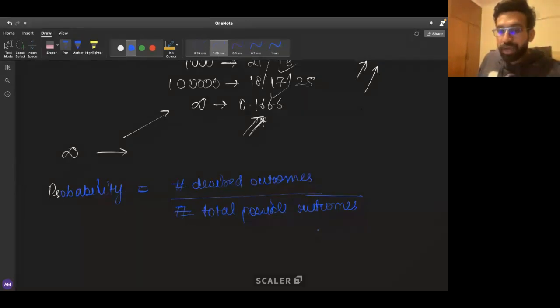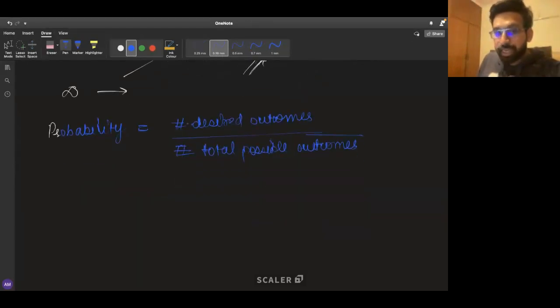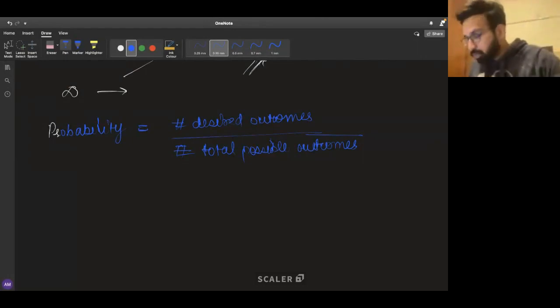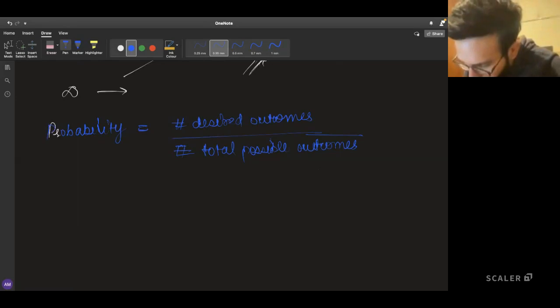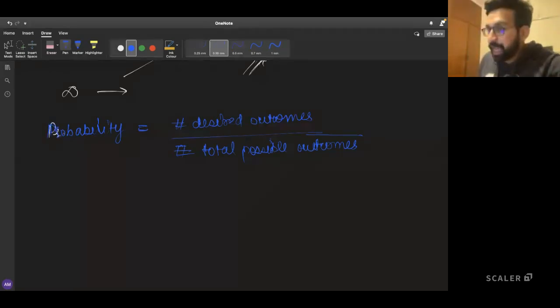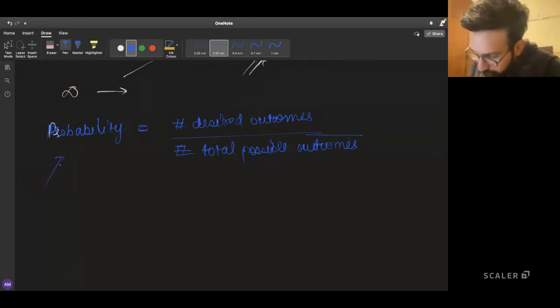I just wanted to, before starting with this, because that's how we've been learning about probability all through our high school. I think teachers would start by giving this as a formula to cram. I just wanted to talk a little more about event, experiment, and sample space. But is this definition valid always?